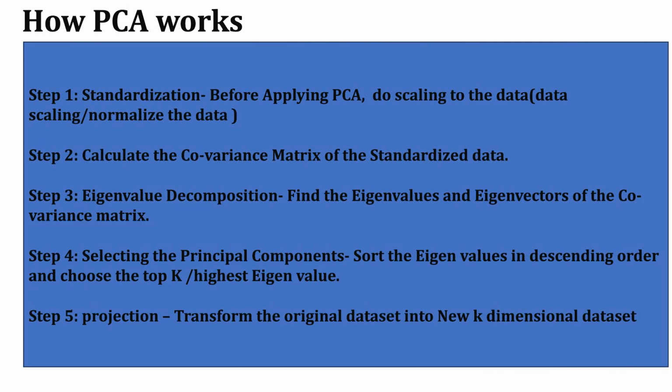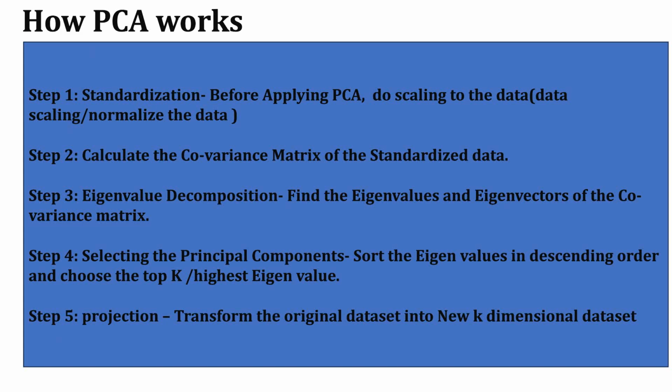And if you ask how PCA works, this is the 5 steps to implement PCA. Before training the model, we have to apply scaling, that is standardization or normalization, we can say. We can use standardization or min-max scaling. There are a lot of techniques to do the scaling. Okay, we have to first scale the data into one single unit.